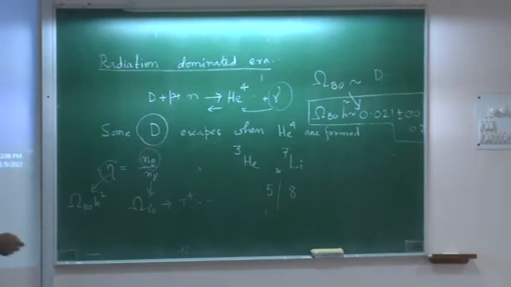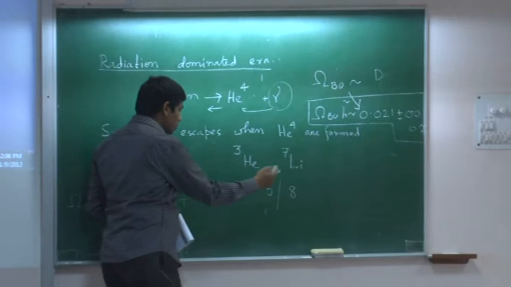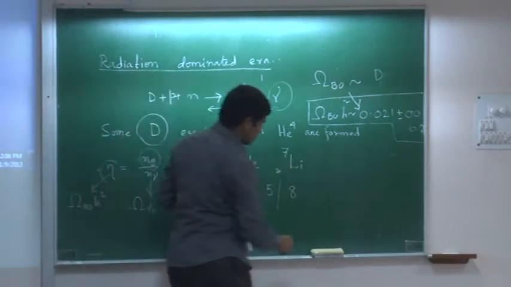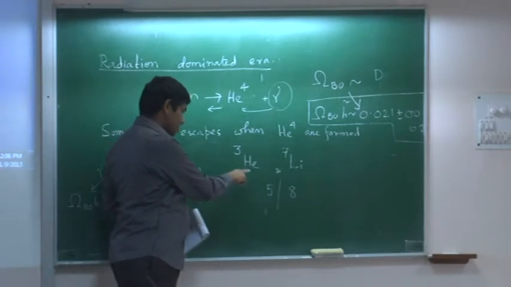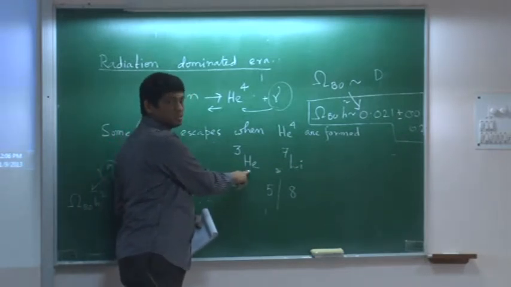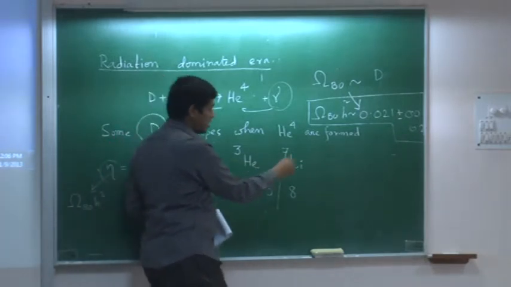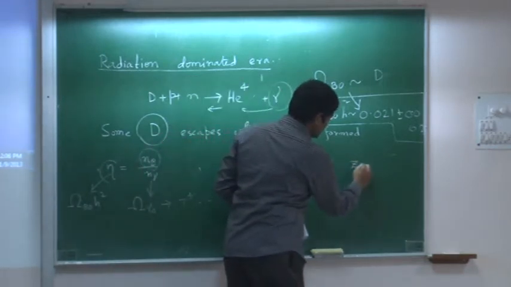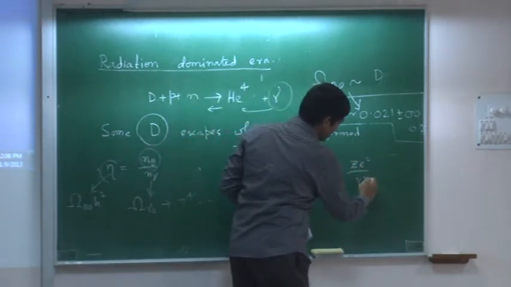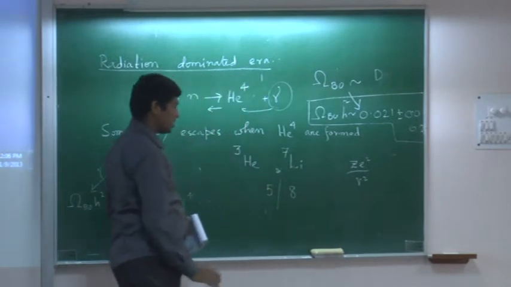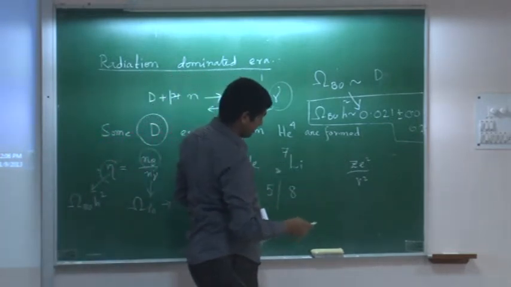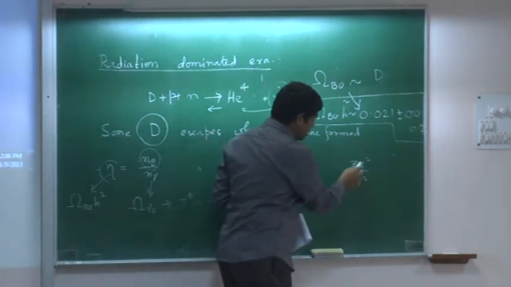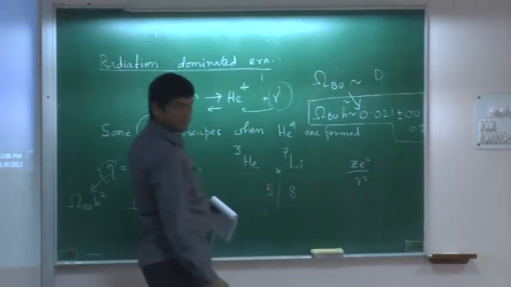And as you can imagine, as you put in more and more protons there, there is always an electrostatic barrier, the Coulomb barrier, that you have to overcome, which is Z square by R square, right? So as you go to helium, lithium, and whatever next to lithium, the Z increases, so this barrier also increases.